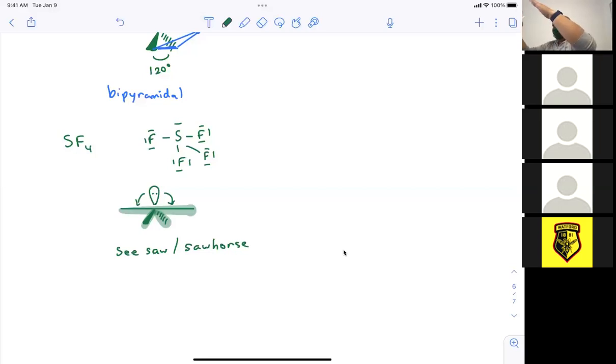It's actually a little bit less than 180, I guess. It depends on what reference you're talking about, because this angle is greater than 180 now because the lone pair is pushing everything down. But you don't have to know the angles for that.